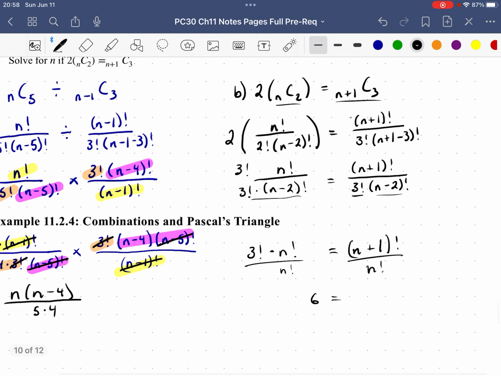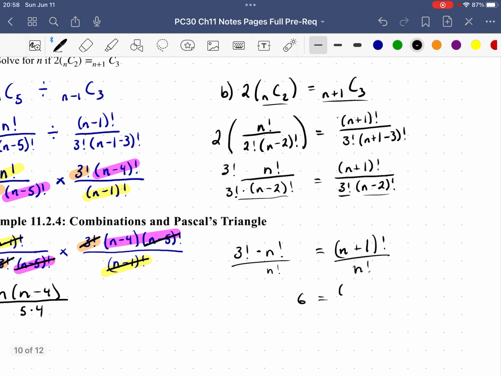Well, let's simplify this a little bit. (n plus 1) factorial is (n plus 1) times 1 less than that, n factorial, all over n factorial. These cancel out, and we're left with 6 is equal to n plus 1, so 5 is equal to n.